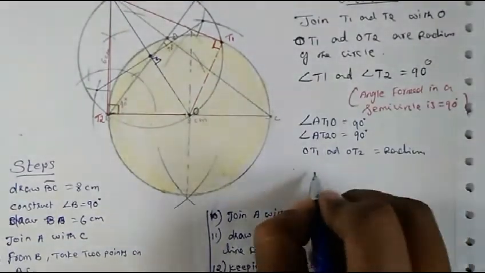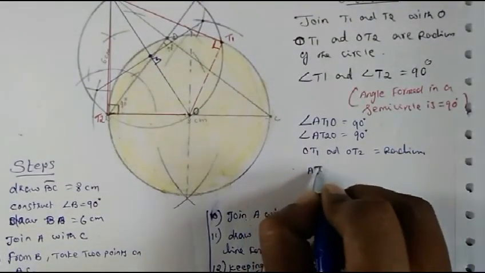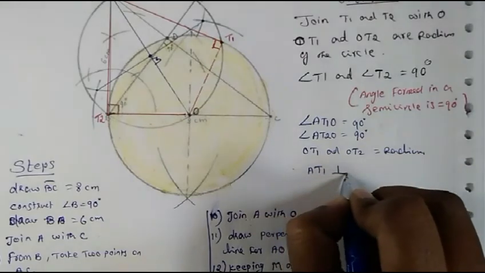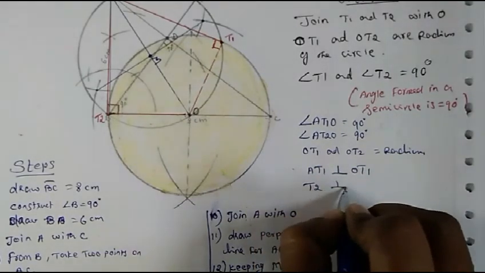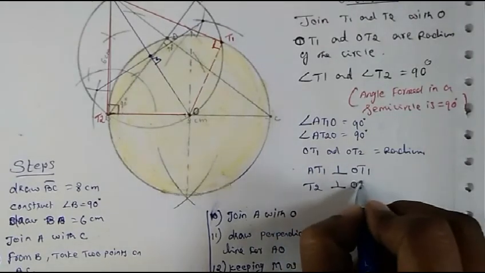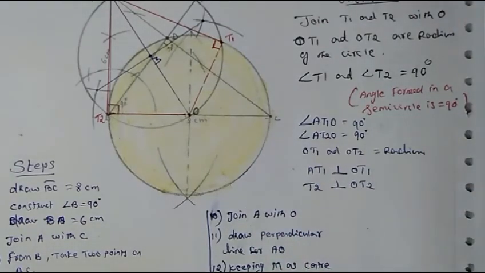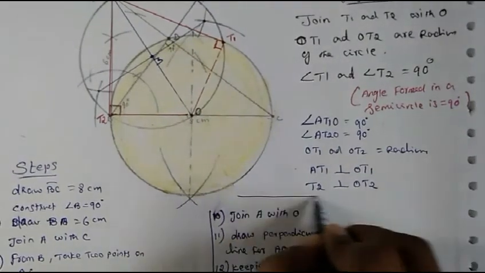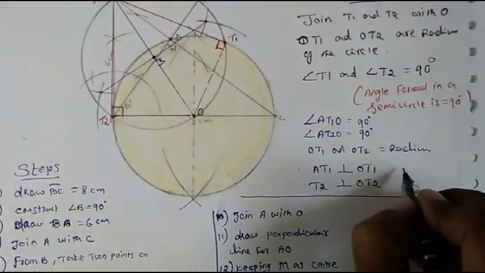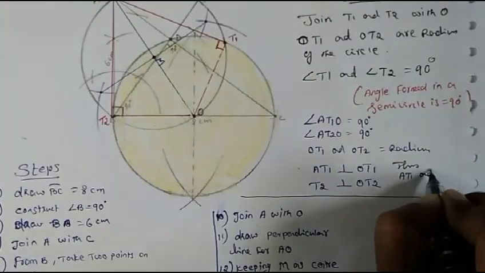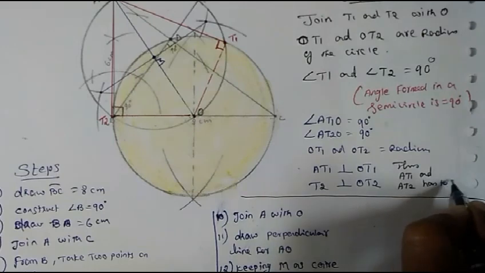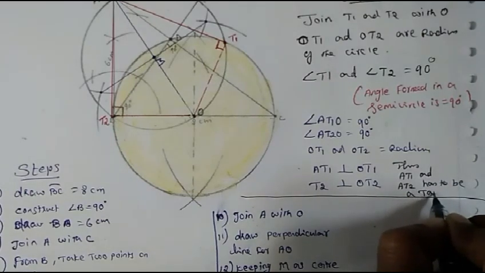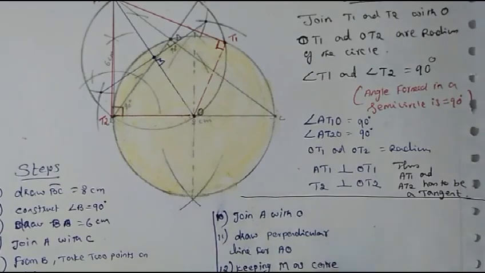So if that is the case, AT1 should be perpendicular to OT1 and AT2 should be perpendicular to OT2. Thus, AT1 and AT2 have to be tangents. That's it. Thank you.